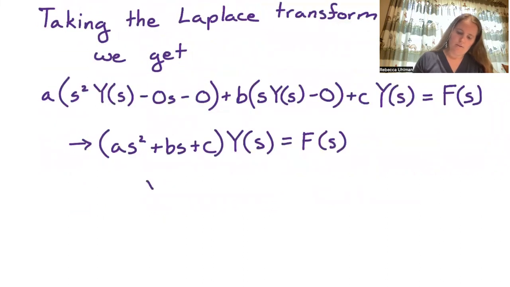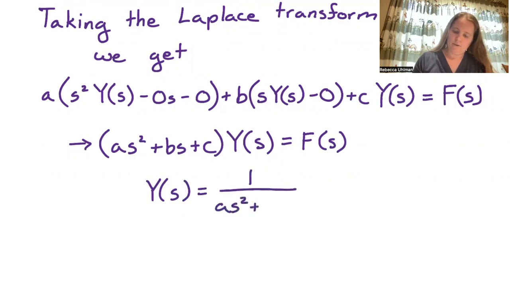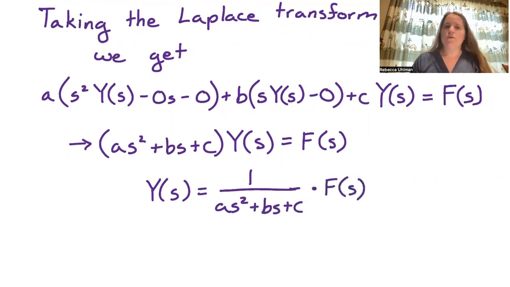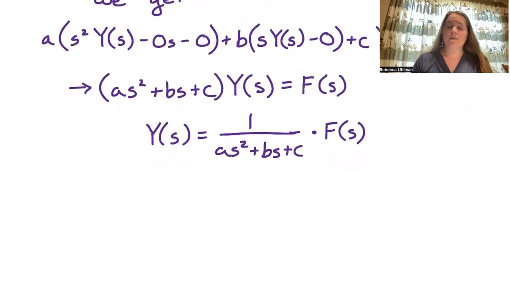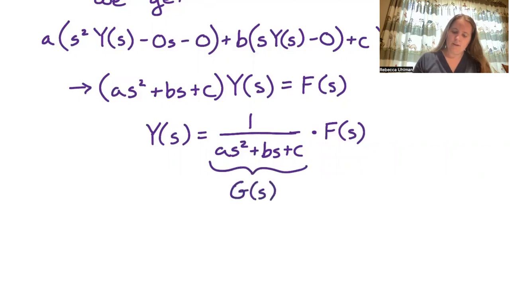And so we have Y of s is equal to 1 over a s squared plus b s plus c times F of s. So if we call this 1 over a s squared plus b s plus c the function G of s, then we have capital Y of s is equal to a product, F of s times G of s.